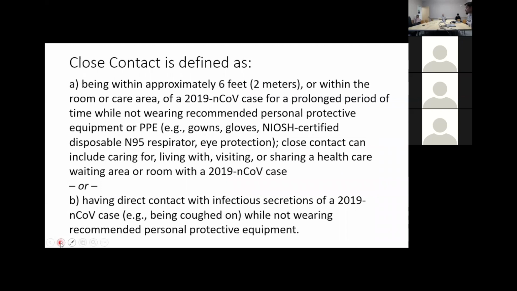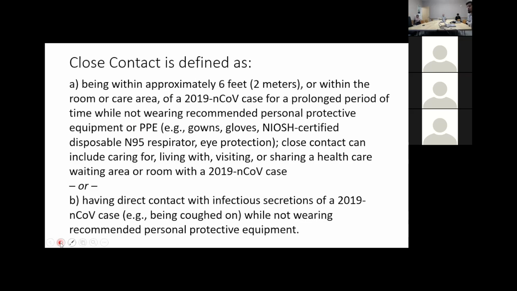So, defining a close contact. The CDC defines a close contact as being within 6 feet or 2 meters, or within the room or care area of a COVID-19 patient for a prolonged period of time if you're not wearing recommended personal protective equipment, or PPE.